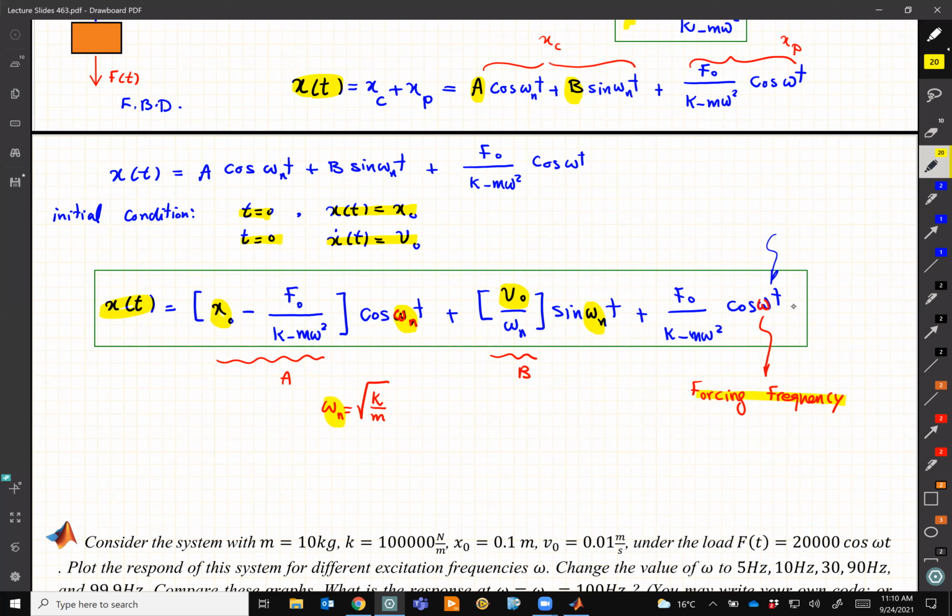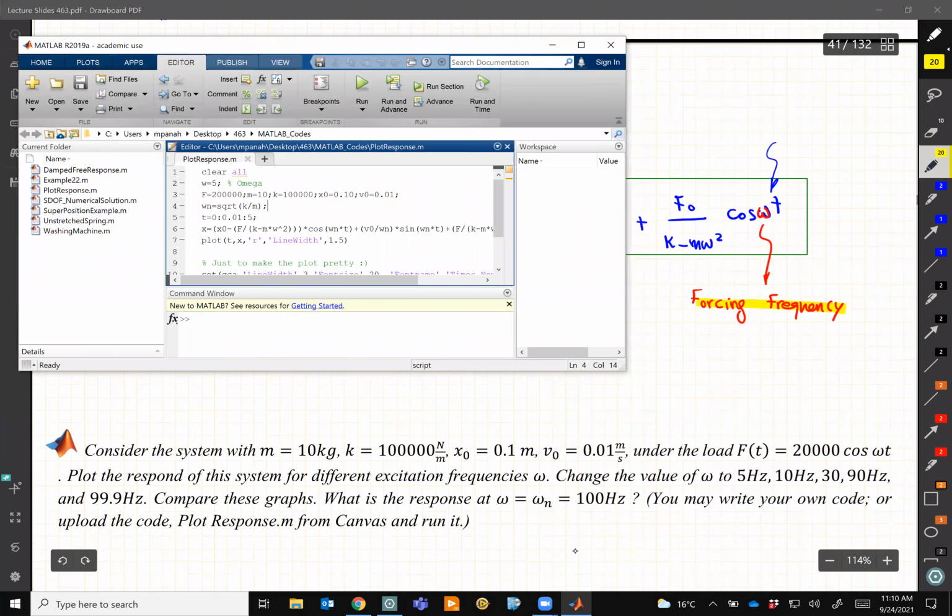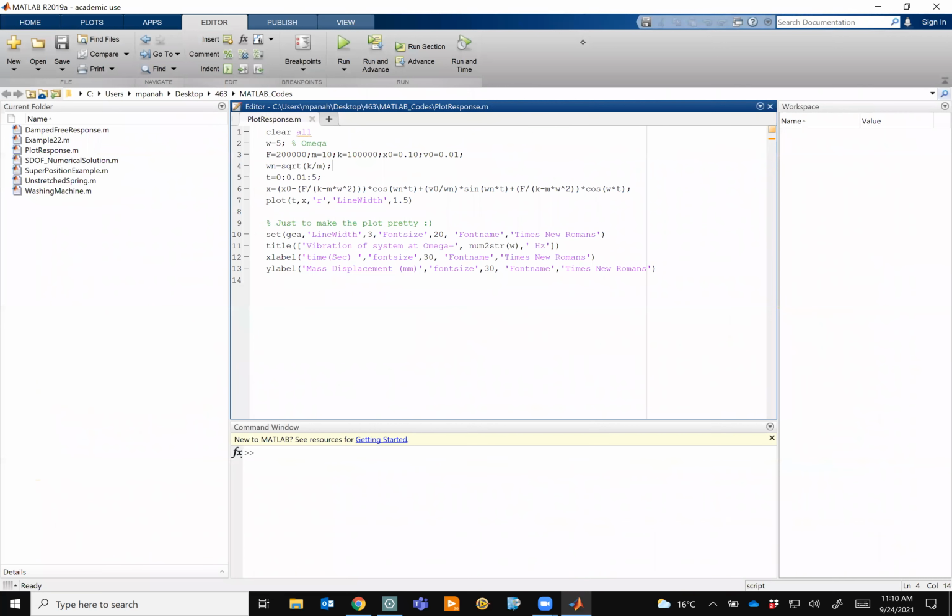Then we said, let's plot these things for an example, which you have the code on Canvas if you want to try it. So the same equation, I put it on MATLAB here.